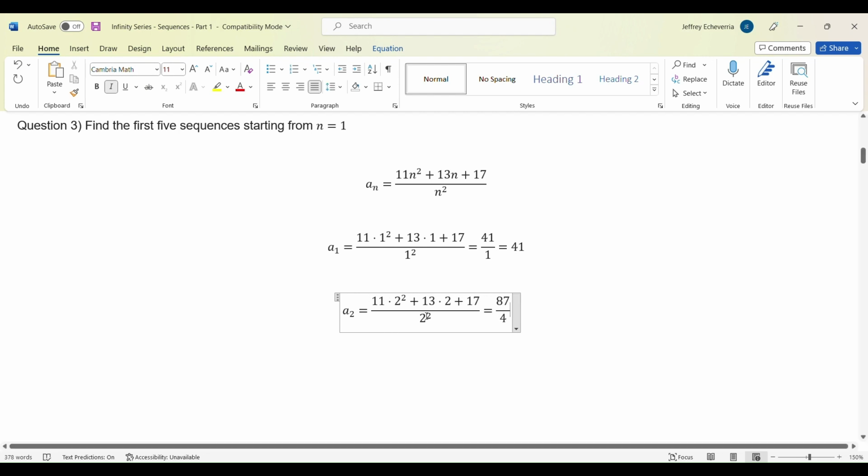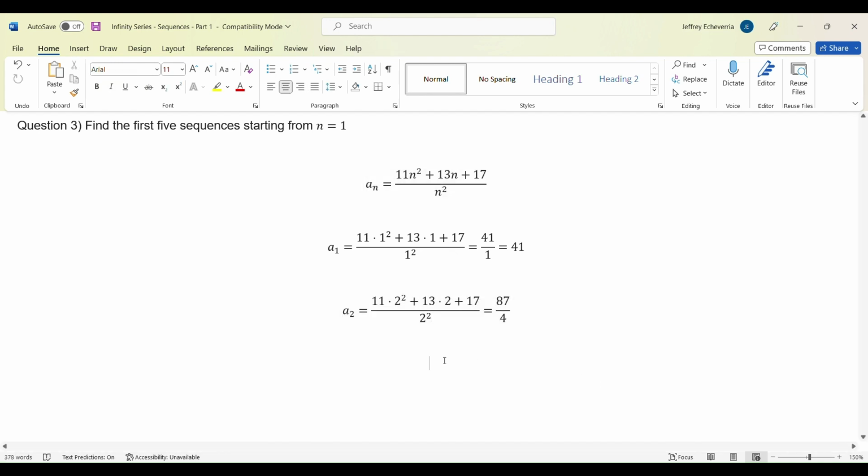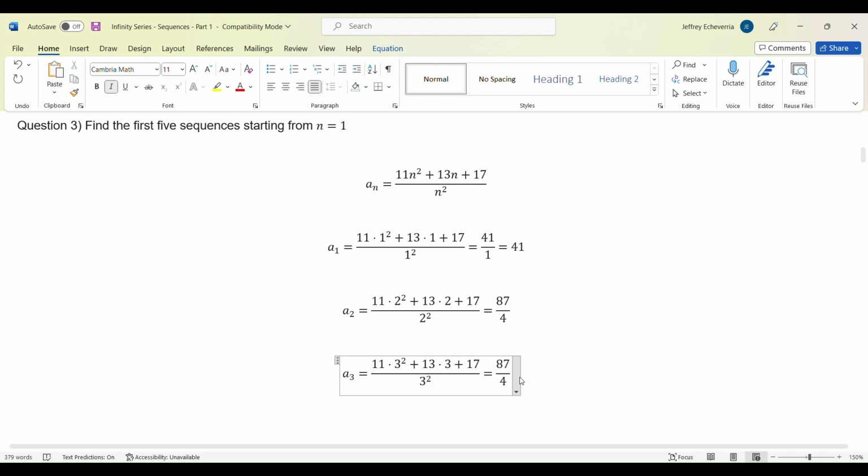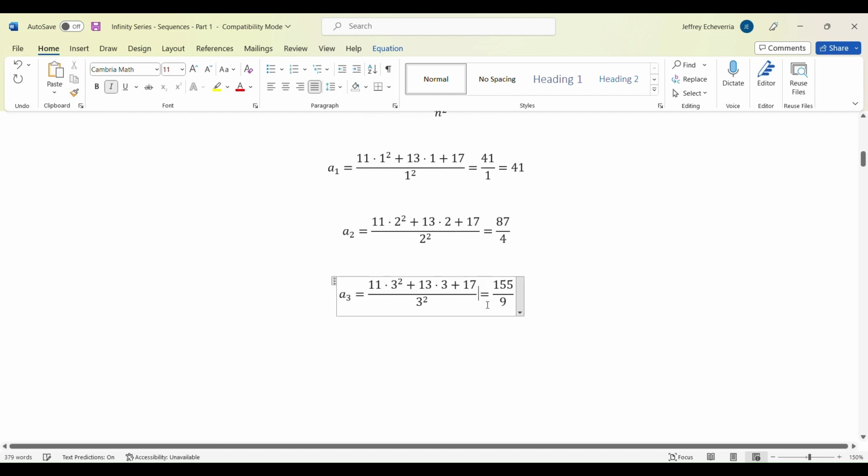So now we do the same thing but with 3, to find a sub 3. Our numerator will be 155, and our denominator will be 9. As we scroll down a little more, we will find a sub 4 by replacing the 3's with 4's now.